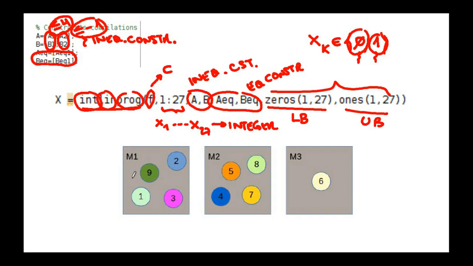A possible solution is this. Can you see machine number 1? Machine number 1 will have orders number 1, 2, 3, and 9. Can you see that here there are 4 orders? On machine number 2 we have 1, 2, 3, and 4 orders, and on machine number 3 there are 6 orders. If you remember, we have the Manhattan distances.